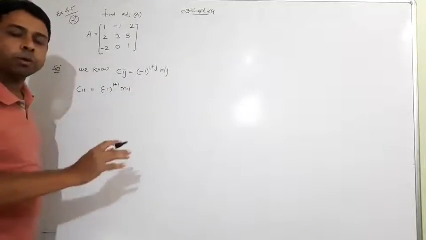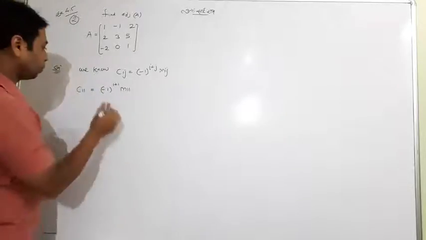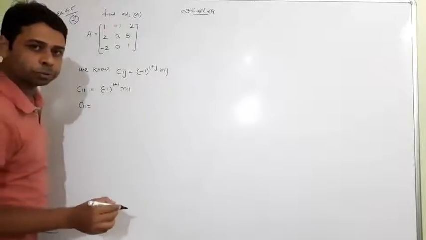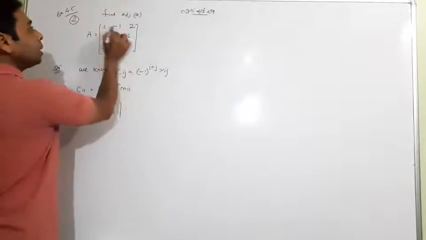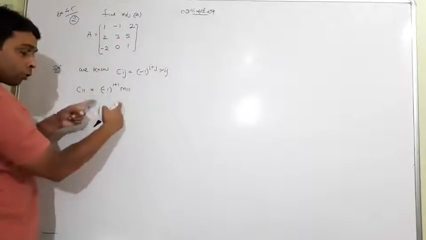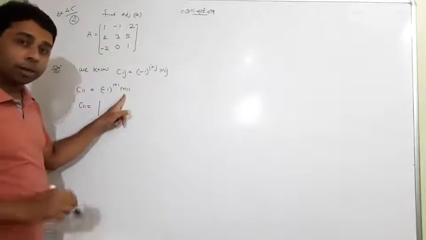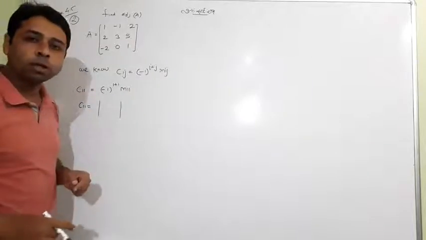Now it should be clear that minus 1 to the power 1 plus 1 means minus 1 to the power 2, which is positive. And M11, it's very clear. It means these two are dropped. Now use the determinant sign. I again tell you, use the determinant sign because it is M, meaning minor, and a minor is always defined on a determinant.